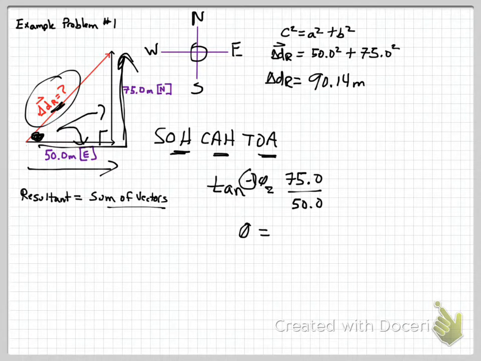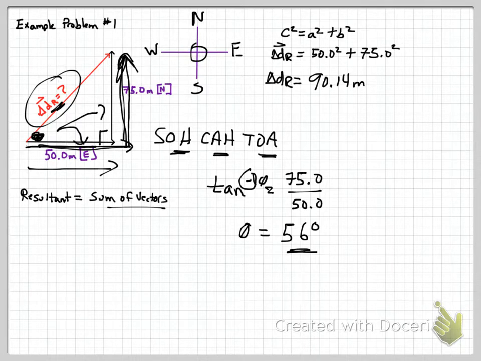And that is then going to give me 56 degrees. Now it's going to be a bunch of decimals, but for our purposes we're always just going to round it to the nearest whole number. And so now we have to put this 56 degrees in context. So that means that we traveled east and then went 56 degrees north.